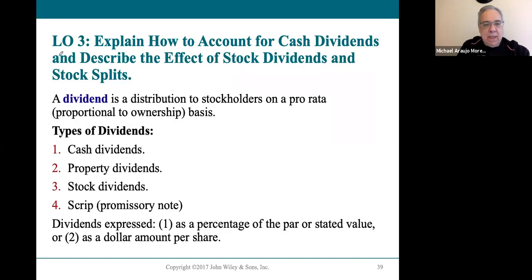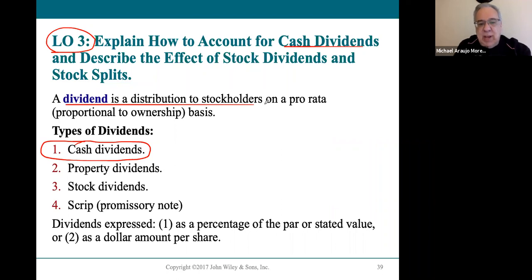Learning objective 3 introduces you to cash dividends. That's the only type we're going to be looking at. There are obviously other types of dividends, but the cash dividend is the most common and something you should know about. Remember, a dividend is when a company decides to share a profit with its owners.